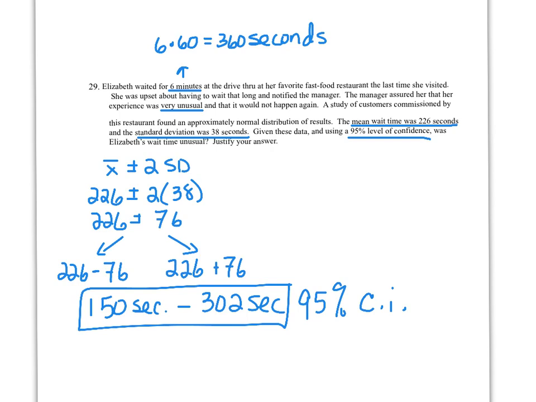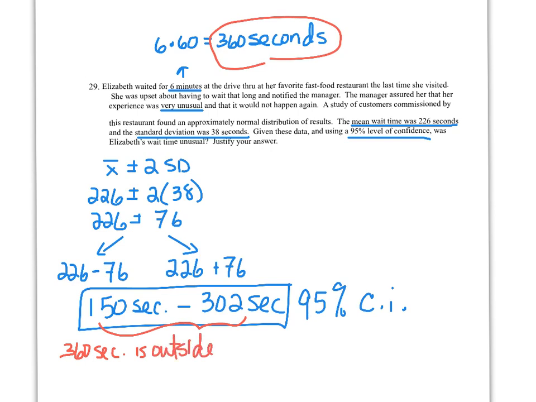All right, now let's look at what we have here. Elizabeth waited for 6 minutes, which was 360 seconds. Now look at this interval. Do you see that 360 seconds is not in there? So 360 seconds is outside that 95% confidence interval. So let me write that. So 360 seconds is outside the 95% confidence interval.